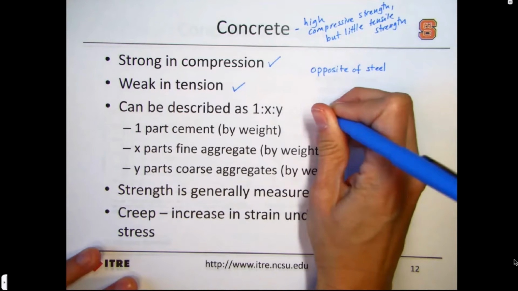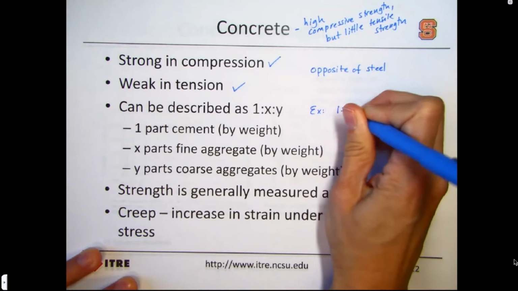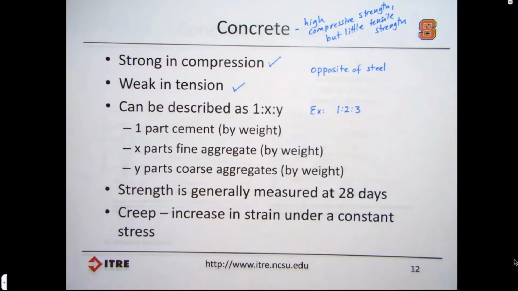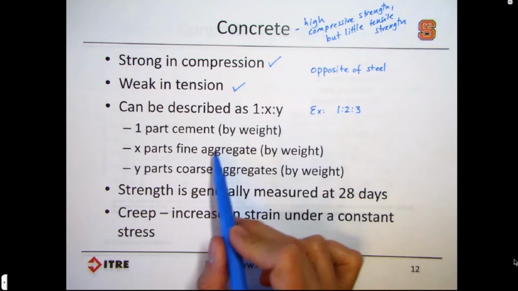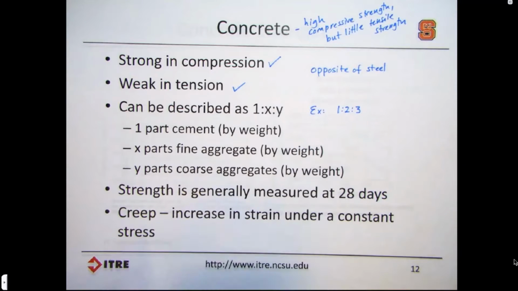So an example of this could be 1 to 2 to 3. Okay, we might have a concrete mix that's 1 to 2 to 3. That would mean 1 part of cement, 2 parts fine aggregate, 3 parts coarse aggregate. Okay, so that's a way you'll see that described.